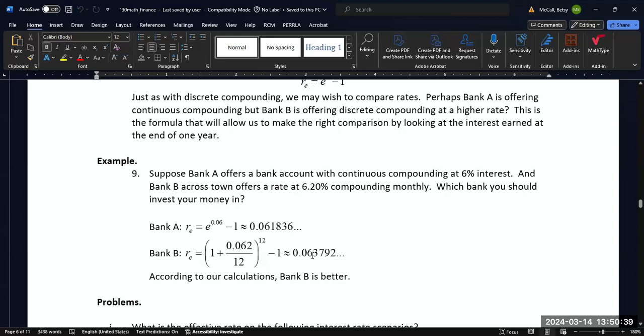Even though it's only monthly and not continuously, the 0.2% difference in the interest rate is still big enough that compounding monthly is going to get you 6.37%, 6.38%. That's still higher than this. So even though the continuous compounding is faster compounding, monthly is enough with that even 0.2% difference that Bank B is still better.